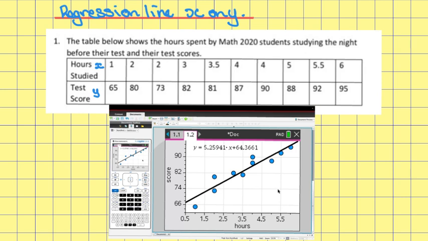But if I want my regression line of x on y, all I need to do is switch my variables around. So I would put score on the x-axis and hours on the y-axis. So let's do that. I'm going to go for score.